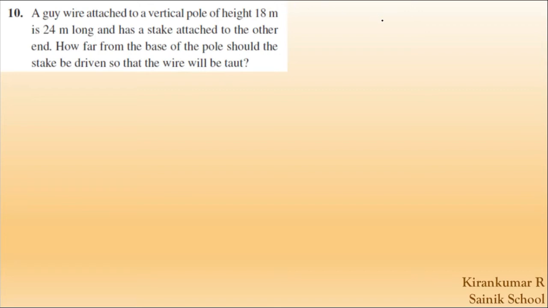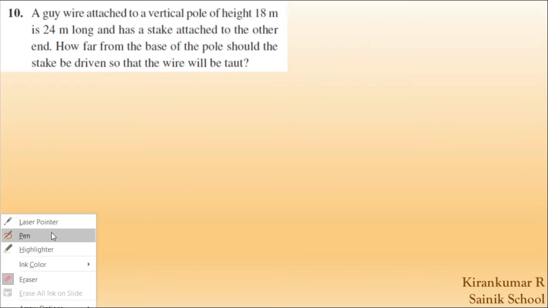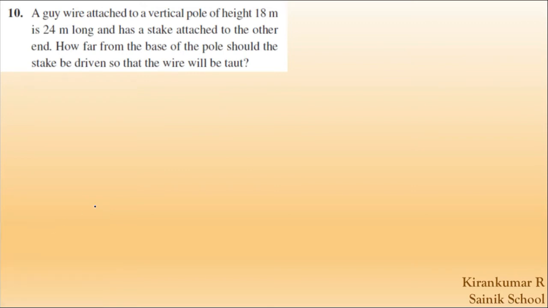Let me draw a figure representing the situation. It's a right triangle. Let OB represent the vertical pole. This is the stake, 24 meter, and 18 meter is the height of the pole.